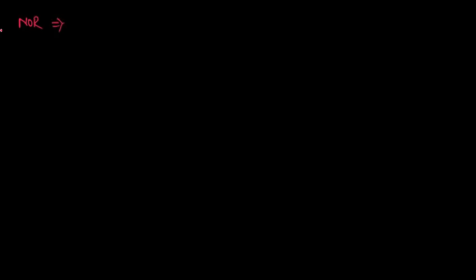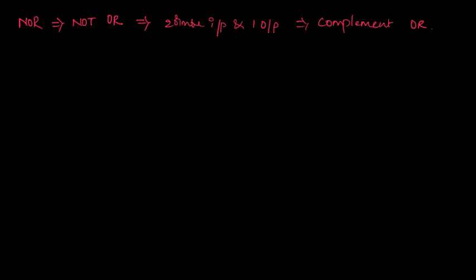What is NOR gate? NOR means as similar to NAND, since it is not of AND, here it is not of OR. Okay, NOR gate is a two or more input and one output logic gate, which is a complement of OR gate.